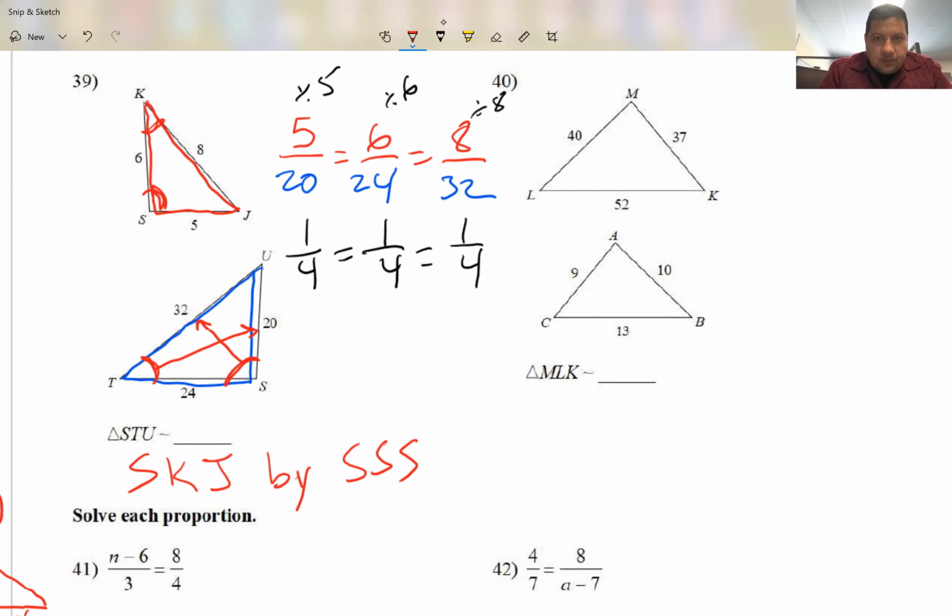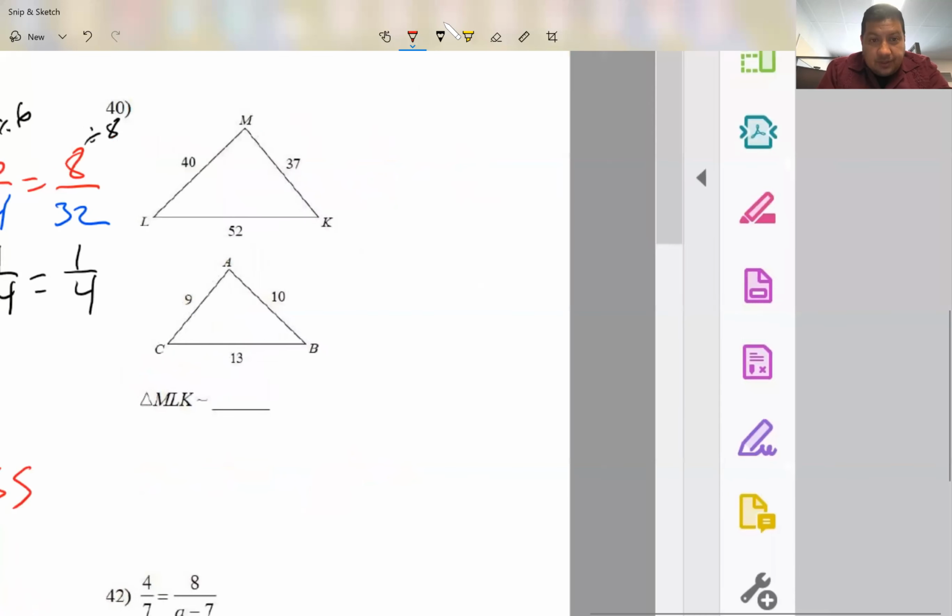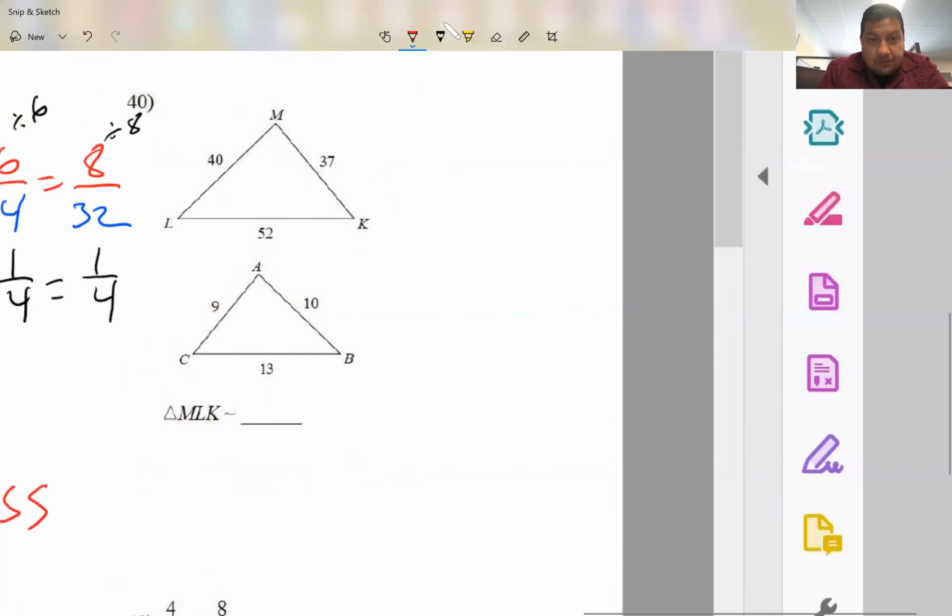Okay. So let's take a look at number 40. I see three sides. Let me use three fractions again. I'm going to try to go for side. Looking on the triangle on the top, let me call it my red triangle, I'm using the three numbers, so I'm going to write 37, 40, and 52.